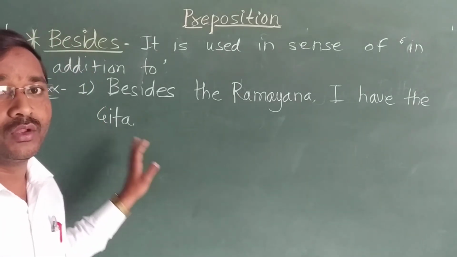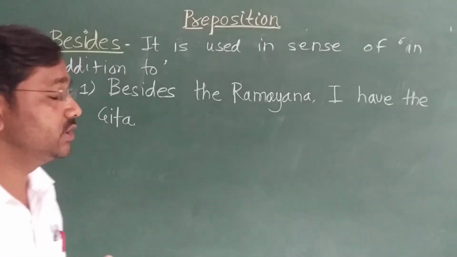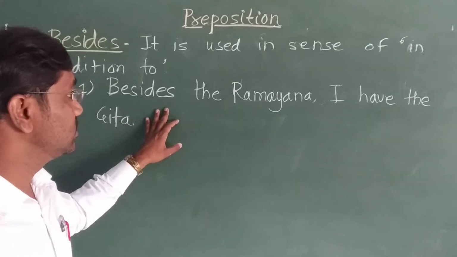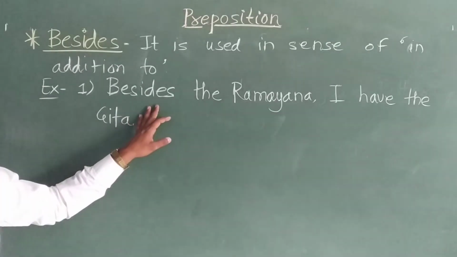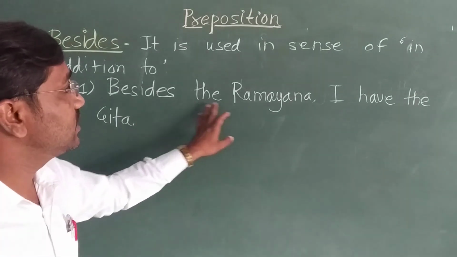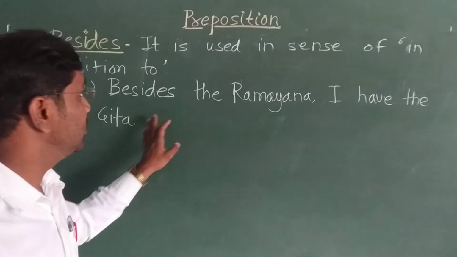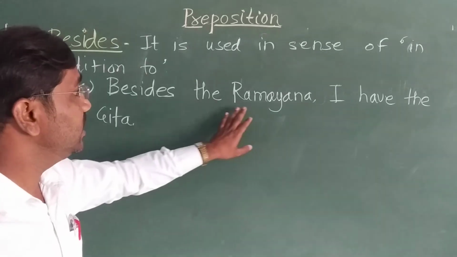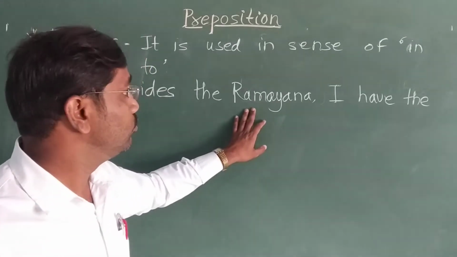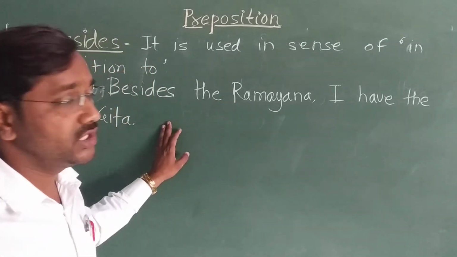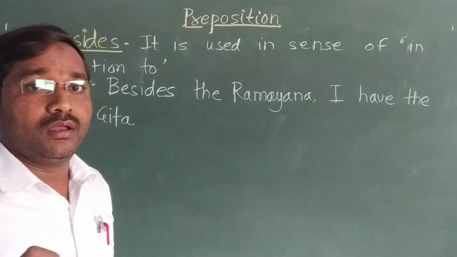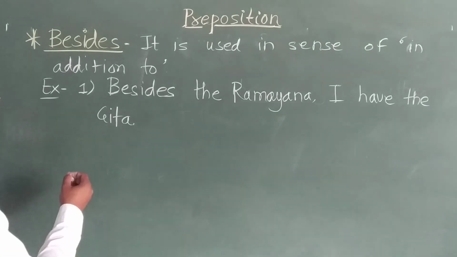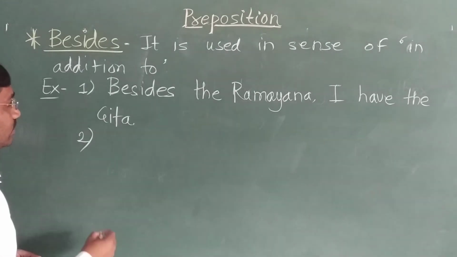These two books are holy books in the Hindu religion, and here in this sentence it is said that besides the Ramayana I have the Gita. That means the person who is saying this sentence already has the Ramayana, and in addition to that, he has the Bhagavad Gita. He has another book.